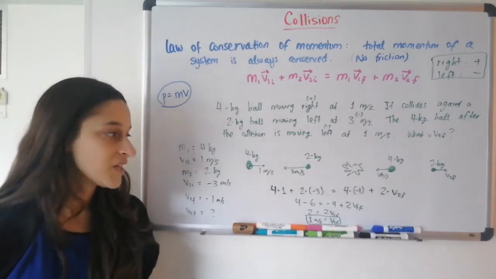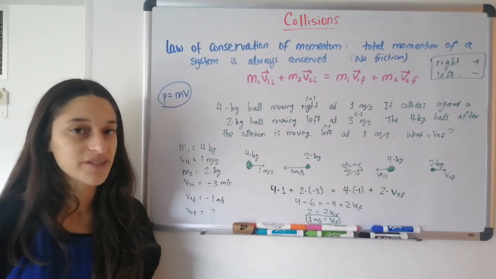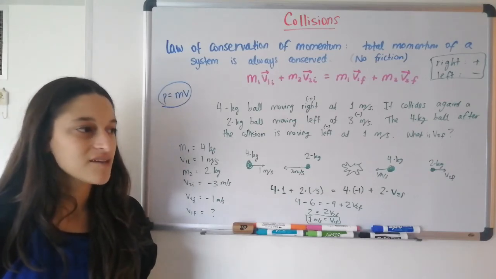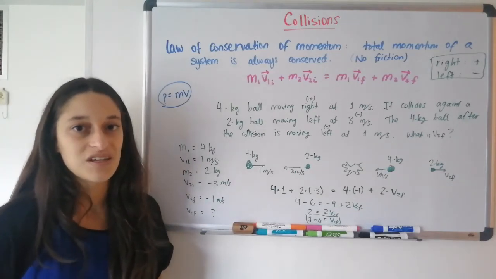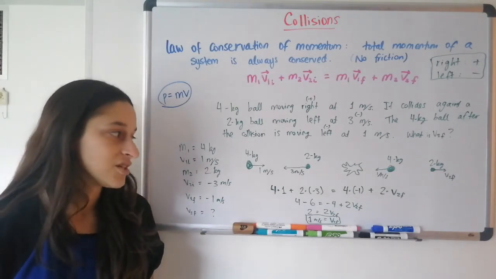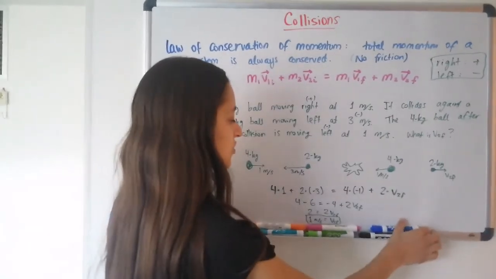Probably, if we tested if this is an elastic or inelastic collision, it's going to give inelastic, because it has to be some very specific numbers that I didn't really think about to give an elastic collision. But we could find that out by putting it into our equation.